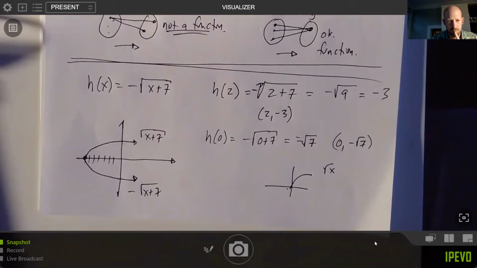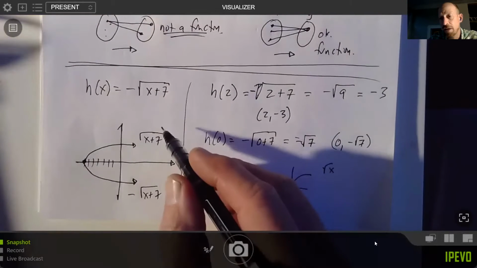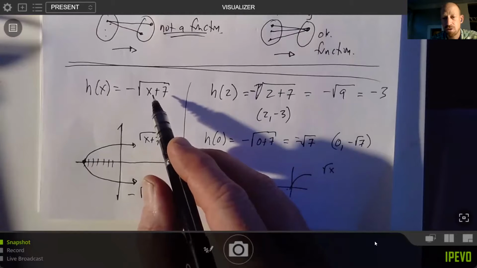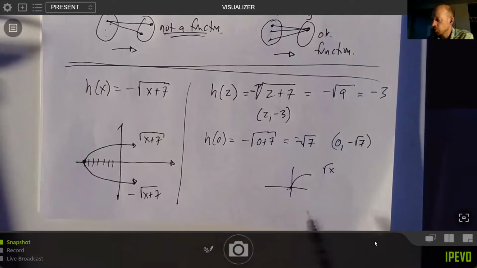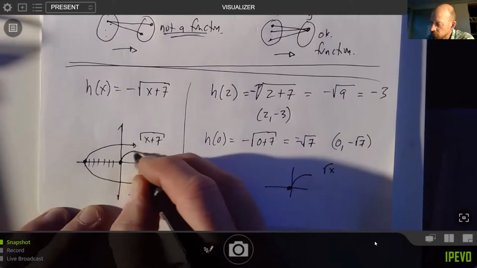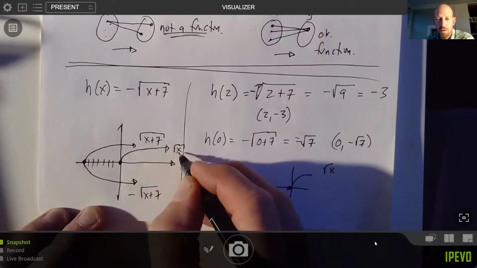So x +7, 7 would turn into -7 when you plot your first point. Well, I'm not actually plotting points to come up with this graph. I'm using the strategy that we just talked about with the transformations. So I'm starting with my original graph, the square root of x.